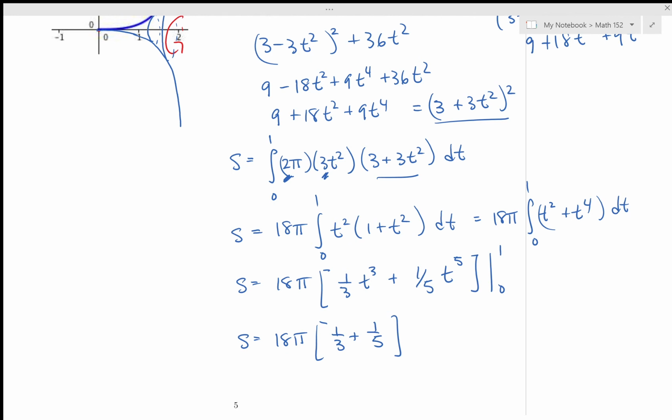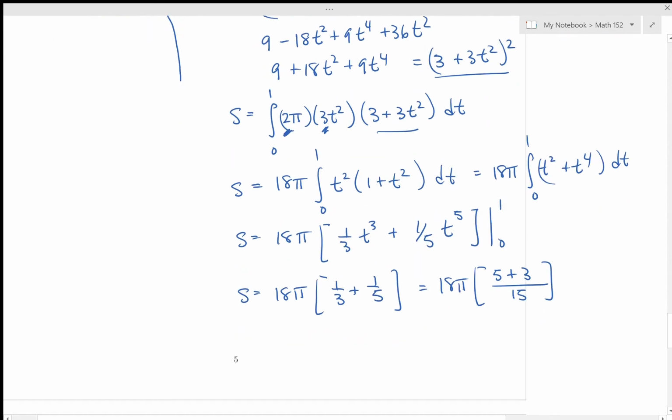That is going to be a common denominator of 15. It's huge amounts of stress doing a lot of arithmetic without doing it in advance because it is so easy to make a mistake. This is going to be 5 plus 3, which is 8. And I got 8 over 15.